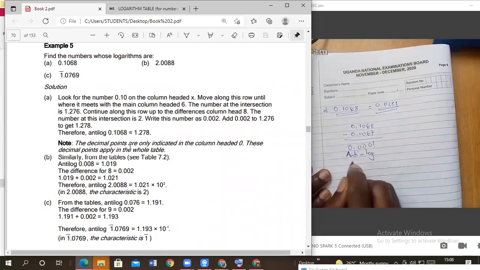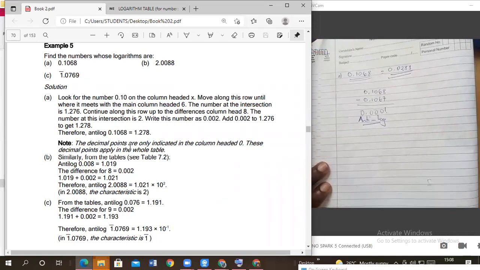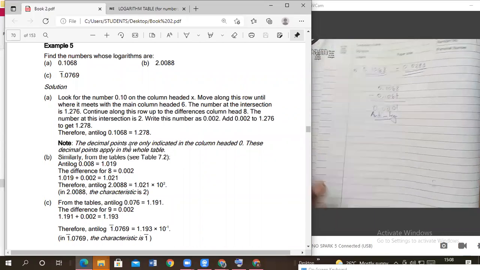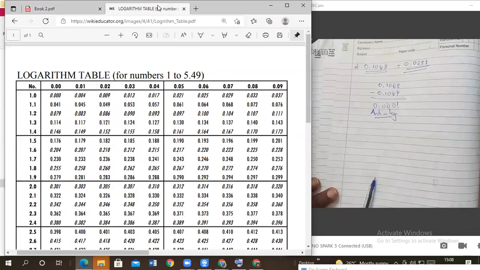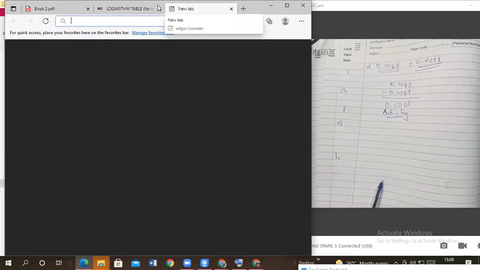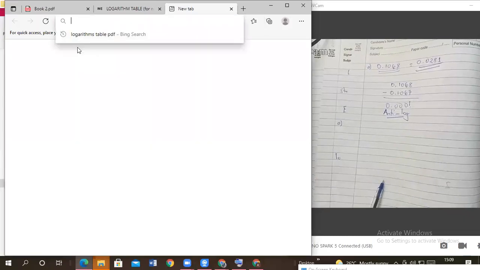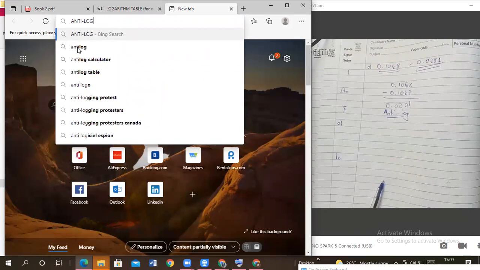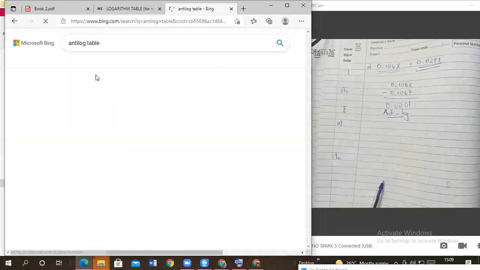Members, you go to the table of what? Anti-log. Let me look for one here. Let me add it here. There we are.